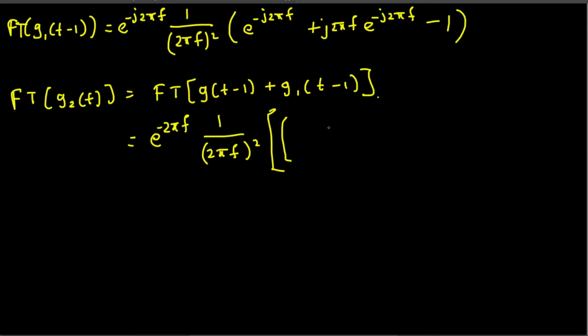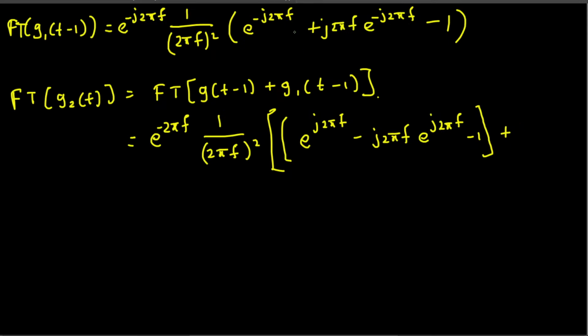And then for g(t−1), this one is positive, this one is negative, and this one is positive. So you can write that as e^(j2πf) minus j2πf e^(j2πf) minus 1. Okay, this is for g(t−1). And for g1(t−1), we can put a plus sign here because we are just adding these two.